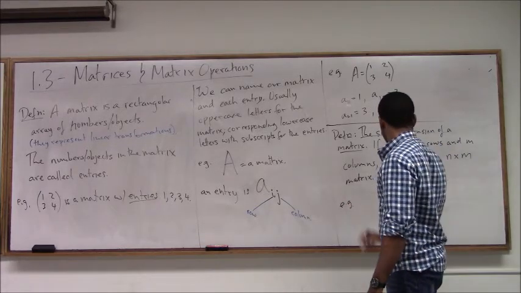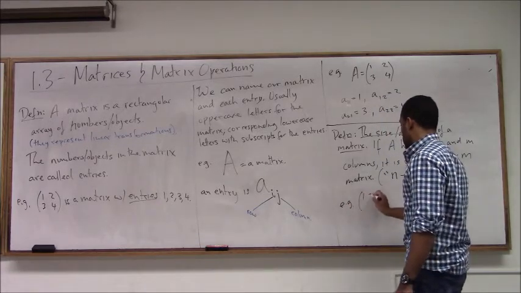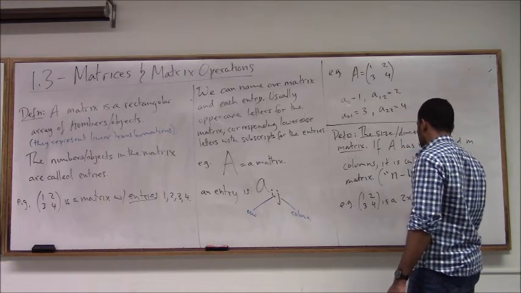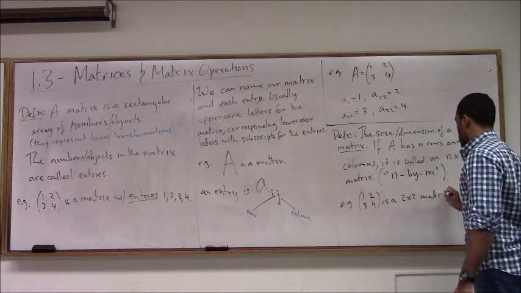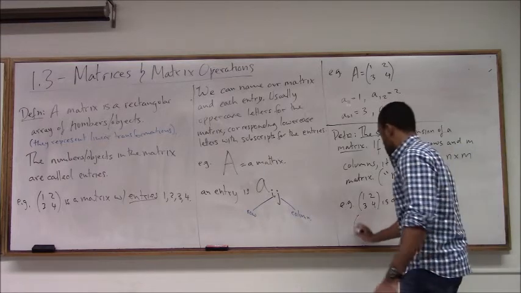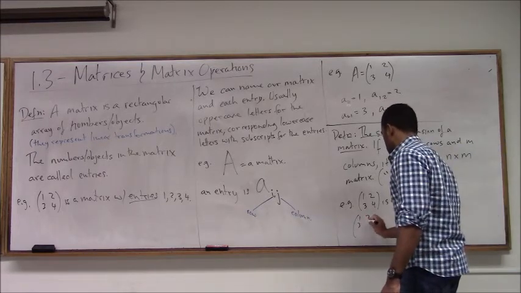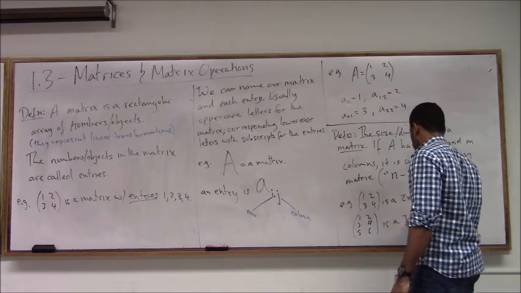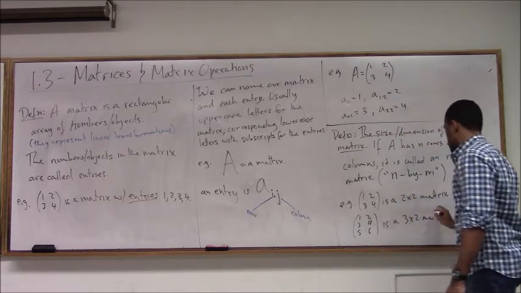Example. 1, 2, 3, 4 is a 2 by 2 matrix. 1, 2, 3, 4, 5, 6 is a 3 by 2 matrix.